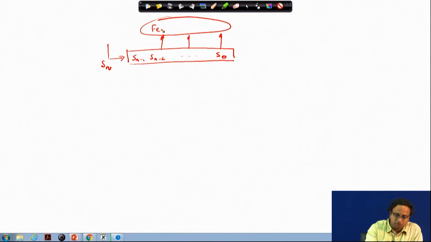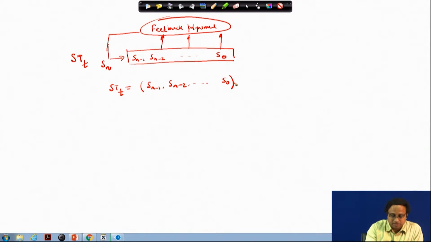This feedback polynomial is nothing but some XORs, and then you calculate the value of Sn. So I can denote this state as St, with the corresponding time instance by the suffix t. Then St is Sn minus 1, Sn minus 2, and so on till S0.